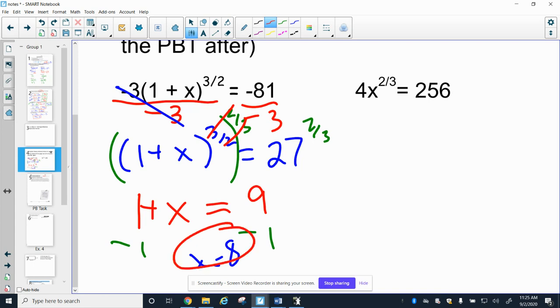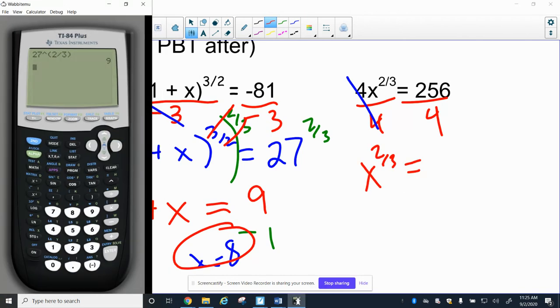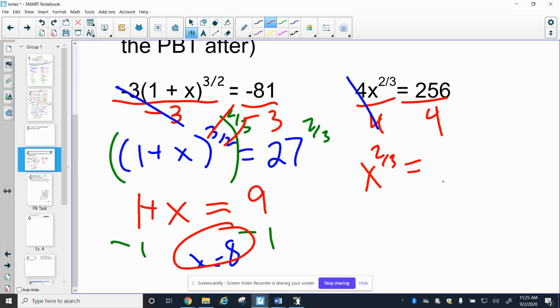Let's try another one. So 4x to the 2/3 power over 256. Again, first we have to get rid of the 4, not the 2/3. We just divide both sides by 4. That would cancel out the 4s. We'd be left with x to the 2/3 power equals 256 divided by 4, 64.